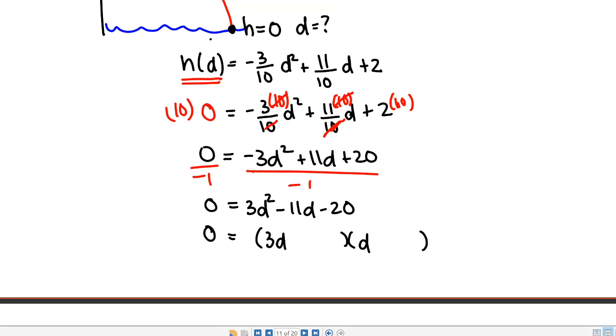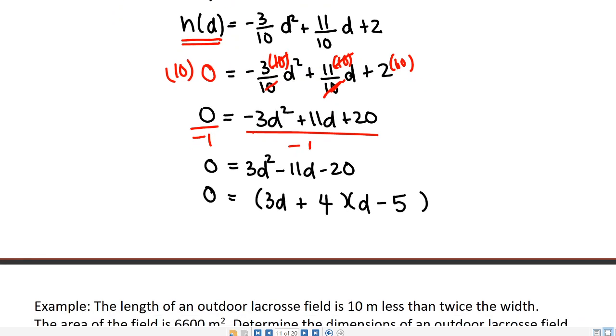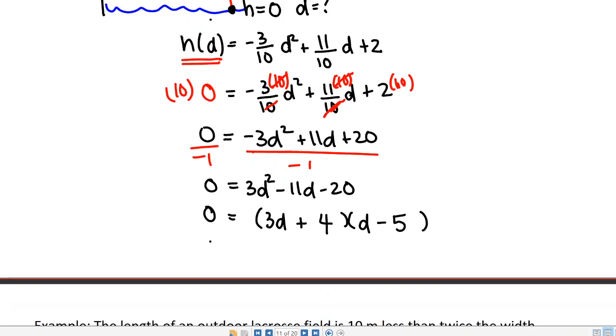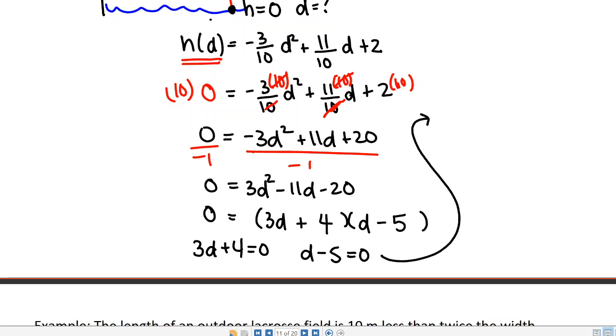Okay. So when I go to factor, we need it to be negative 11. So that would give me minus 15 plus 4. So we end up with 3d plus 4 times d minus 5. And then we're just going to set those equal to 0 individually. So 3d plus 4 is equal to 0. d minus 5 is equal to 0.